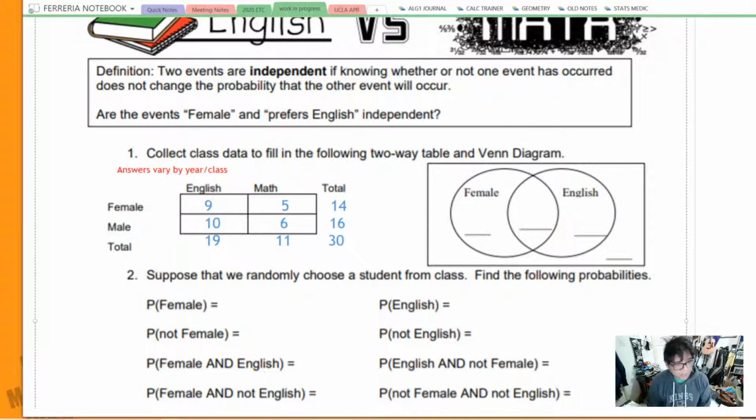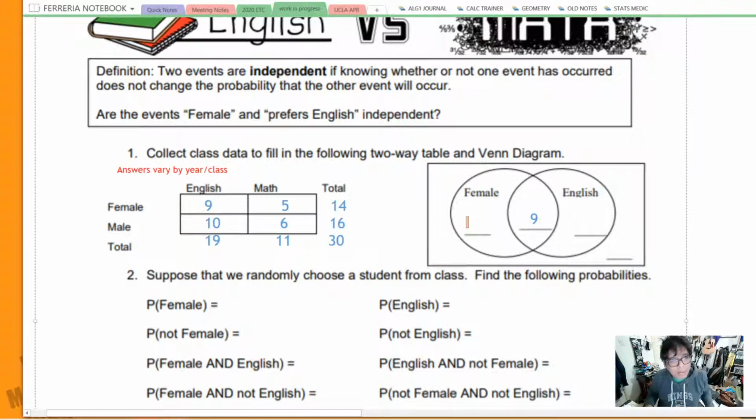So let's start filling this out. We have female and English. How many of the people in the sample were both female and preferred English? Well, that was 9. The next one is female but prefer math, or they don't prefer English.